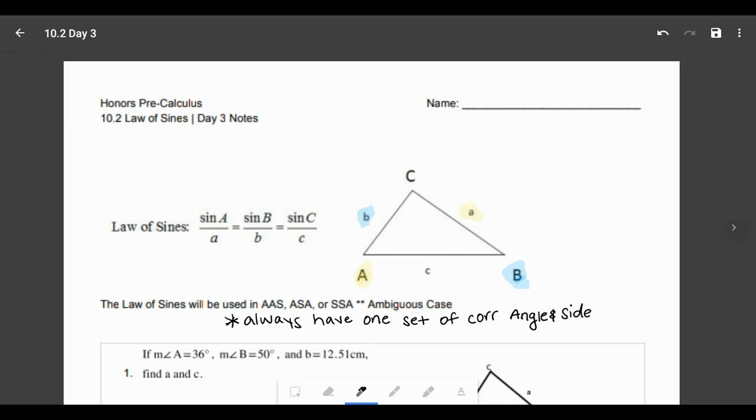So you might have both angle A and side A. You might have angle C and side C. No matter what, you're always going to have that one set of corresponding parts to the triangle.